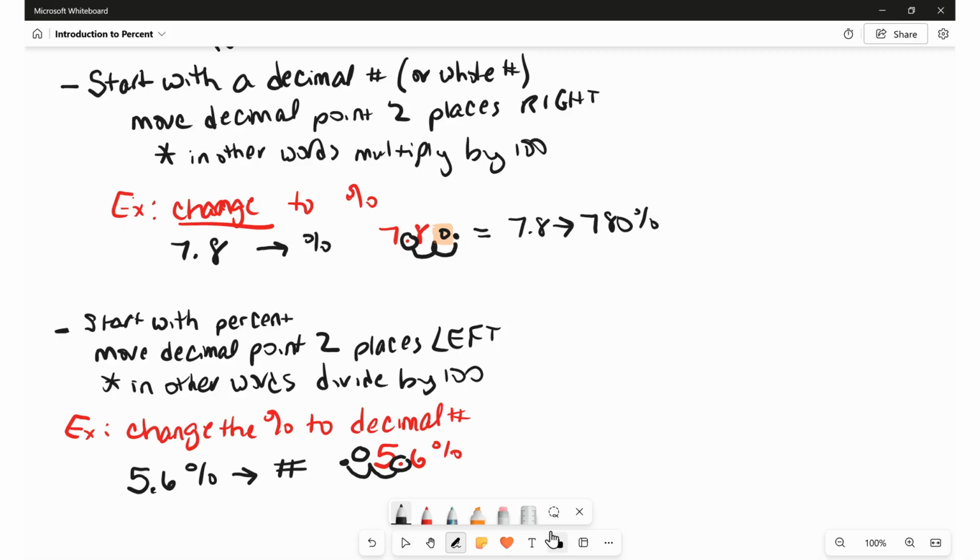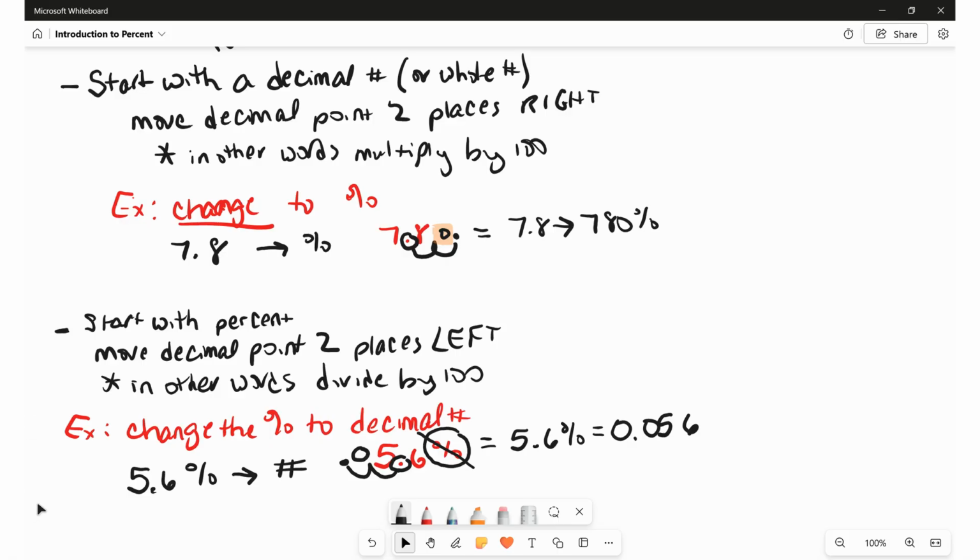And when we move the decimal, the percent symbol goes away. That means that 5.6% is equal to 0.056.